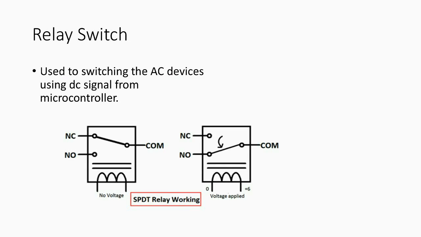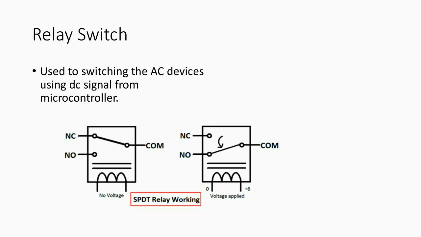The relay switch has normally closed, normally open, and common pins. When the relay switch doesn't get the power supply, it connects to the normally closed pin and not to the normally open pin.